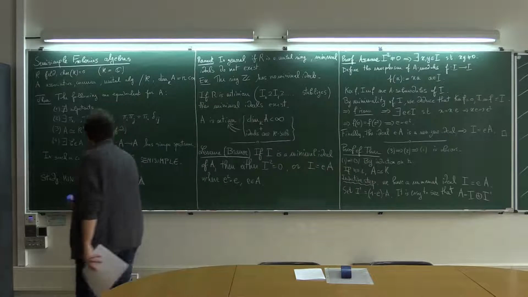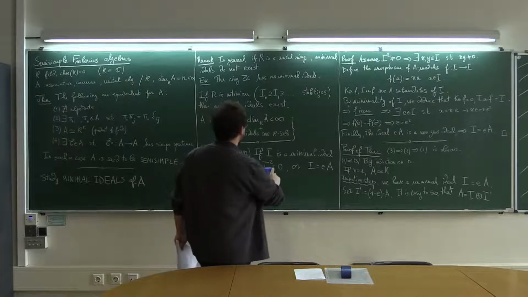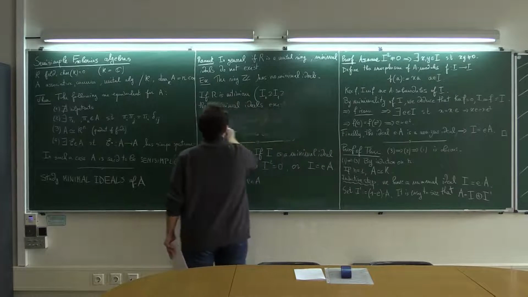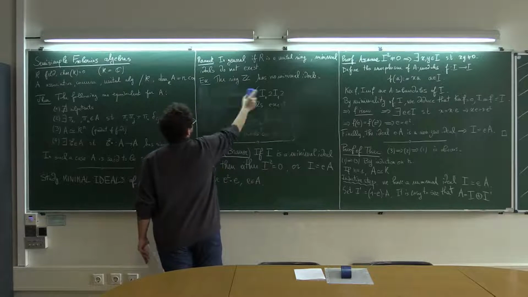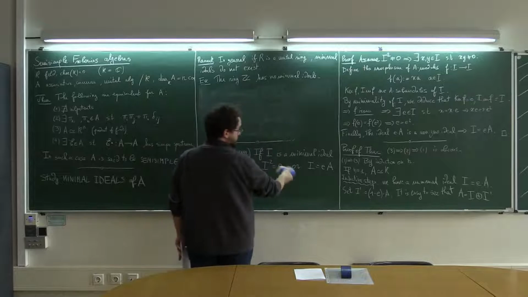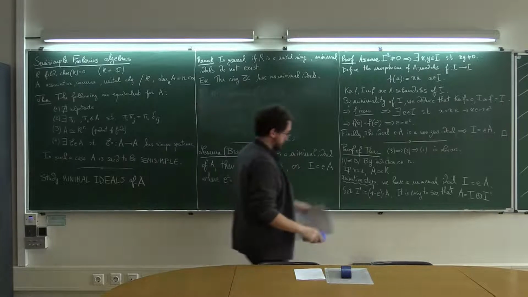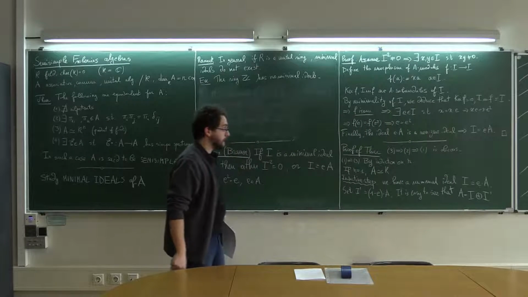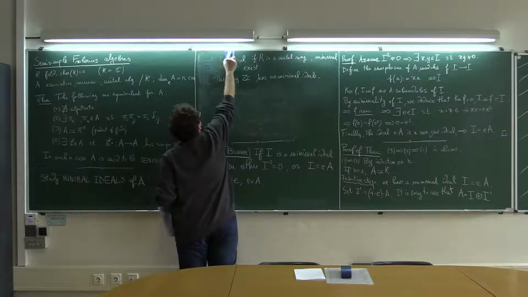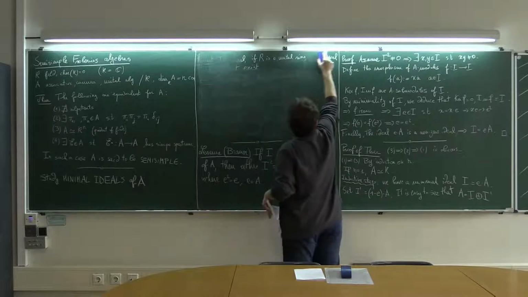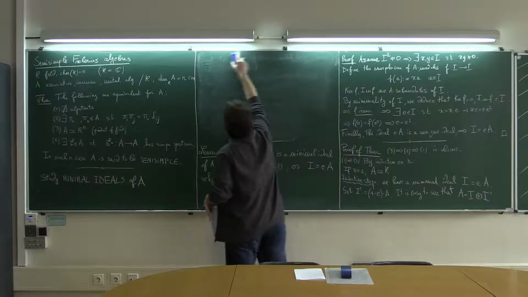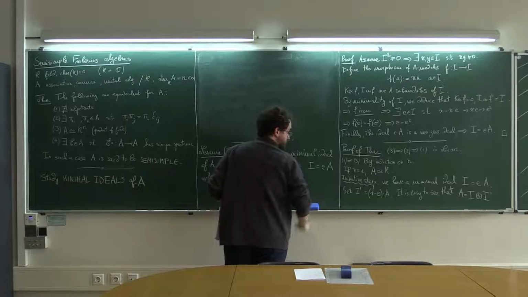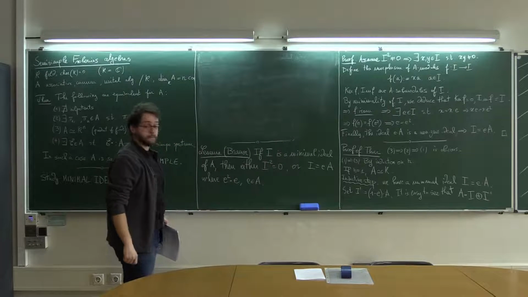Moreover, I can consider a quotient out by I. I obtain an algebra of dimension n minus 1, which is without nilpotence, and then by the inductive step the claim follows.